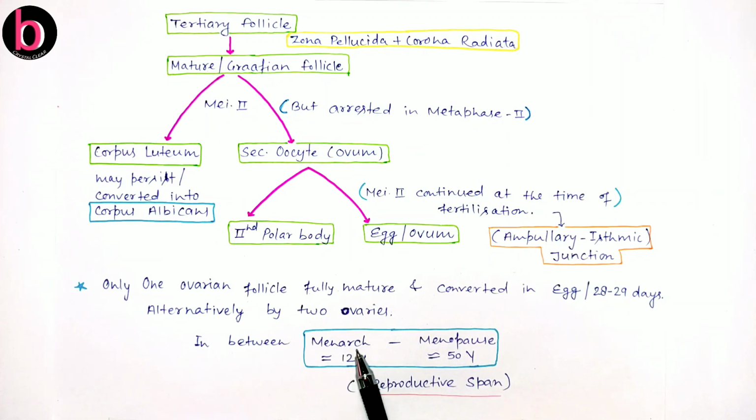So from menarche to menopause is nearly 38 years. Menarche is the age of sexual maturity, when the menstrual cycle starts, and menopause is the cessation or stoppage of the menstrual cycle. So in between these 38 years, a particular female is capable of producing eggs, and that's why she may participate in pregnancy.